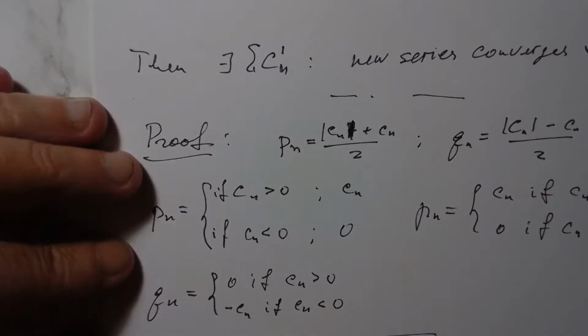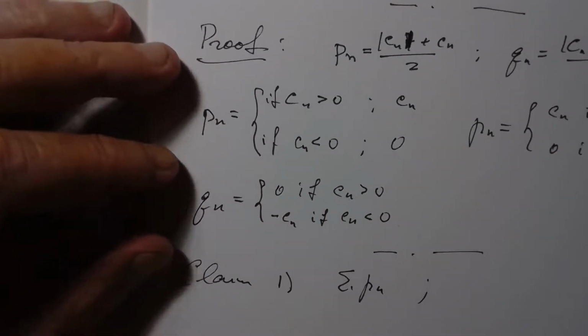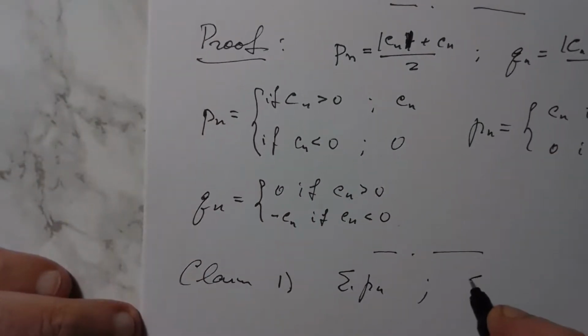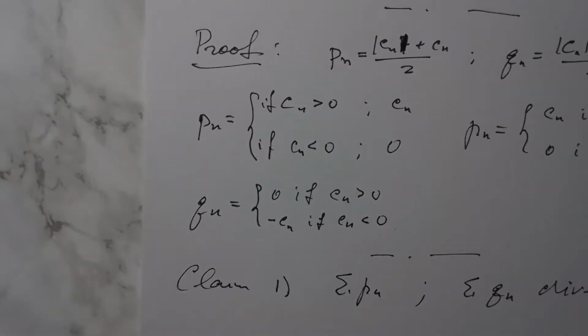The sum of Pn, so this is the sum of positive terms here, and the sum of Qn, so this is the sum of absolute value of the negative terms, diverges. Well, is this obvious? Well, let's see.